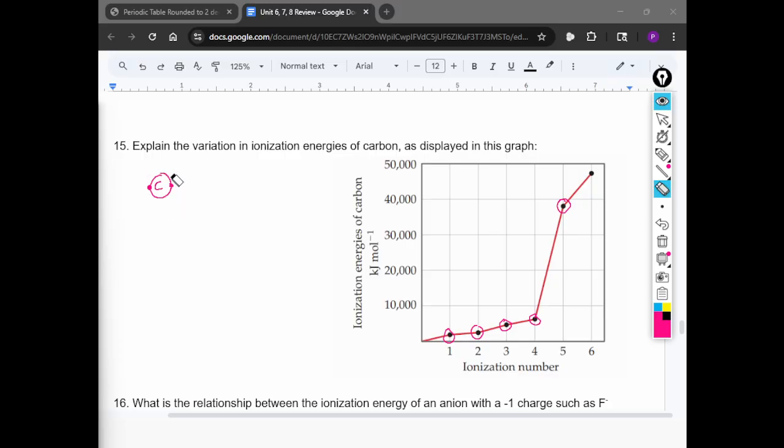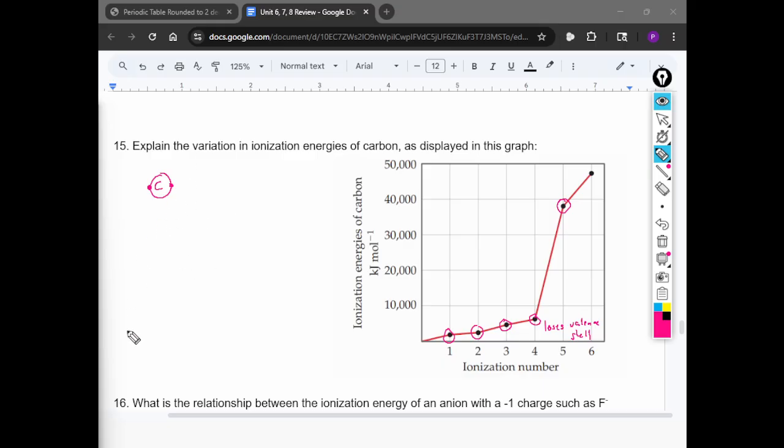And fourth, if you notice, is special because fourth is where it loses the valence shell, right? And so once you lose your valence shell, carbon has a complete valence shell, right? And that's the reason why there's such a massive jump from 4 to 5, and it's because you have a stable valence shell once you remove the fourth one.